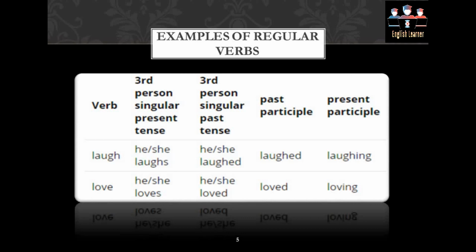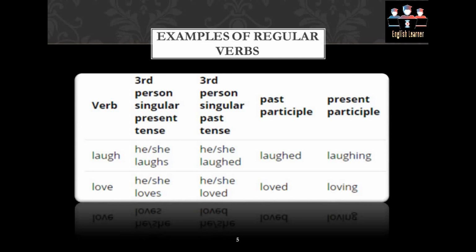In present tense, laugh will become laughs by simply adding s, whereas in past tense, laugh will become laughed by adding ed at the end of main verb, whereas in past participle, it will become laughed, and in present participle, it will become laughing.